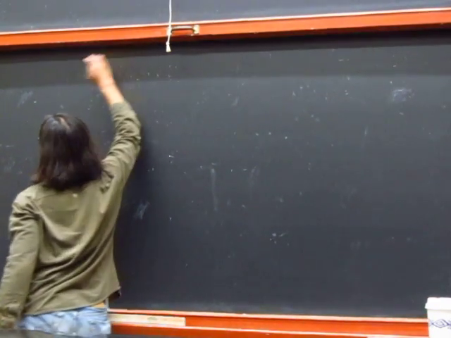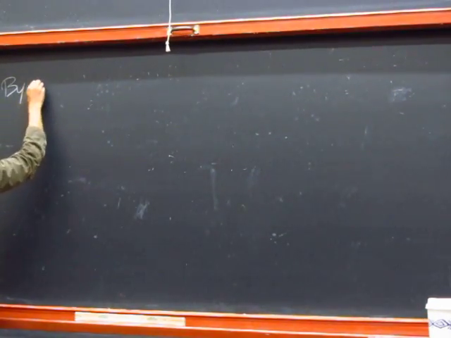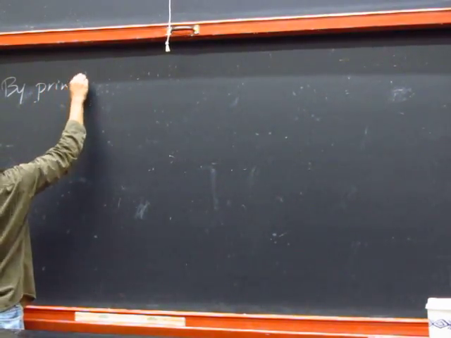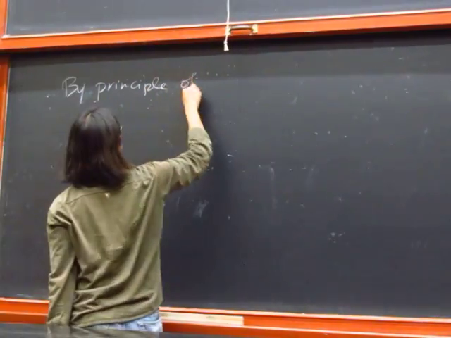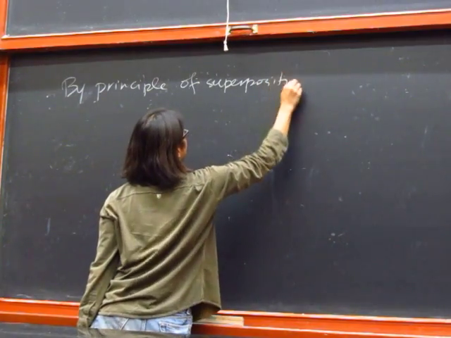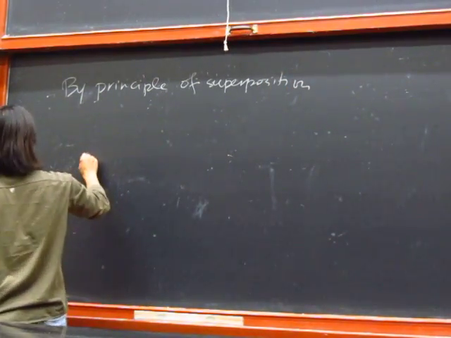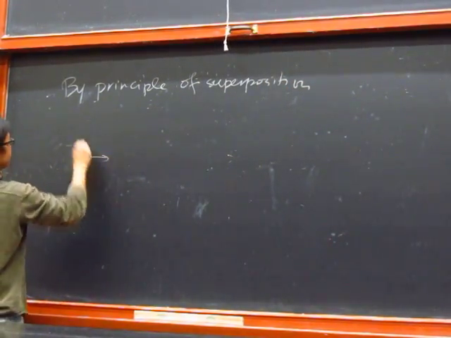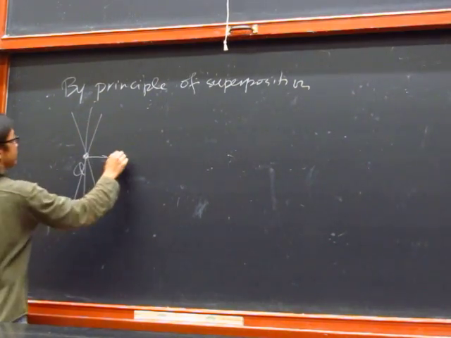So, by the principle of superposition, another example. If I have many of these, of charge Q moving at some velocity v, I get it like this.